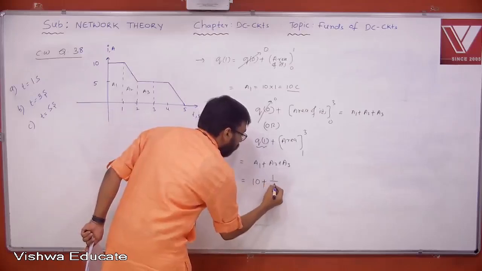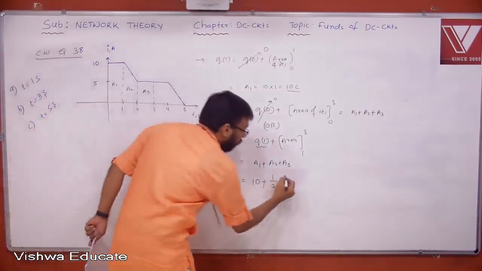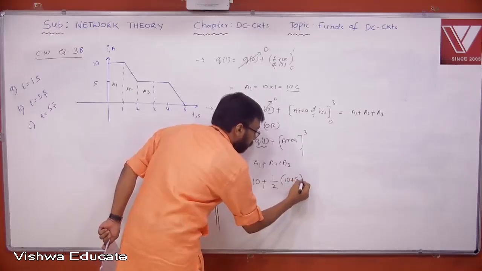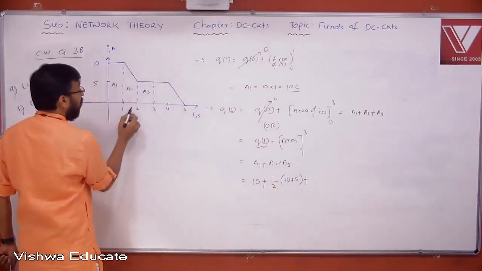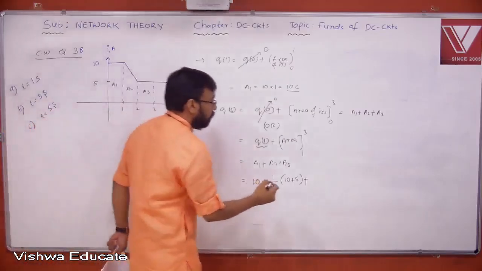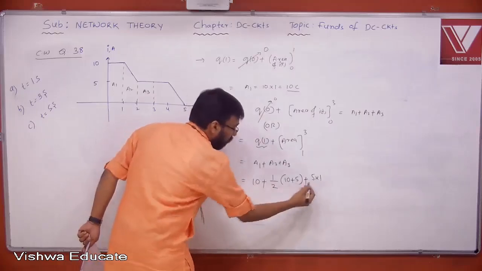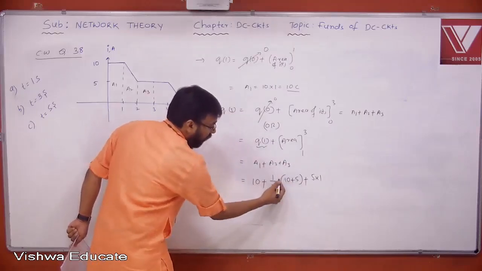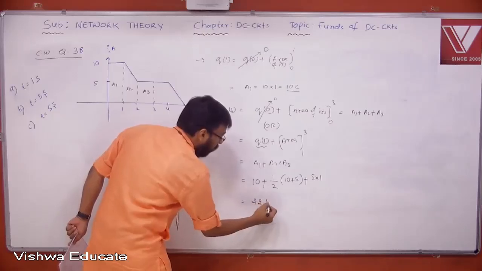So H is 1, because this difference is 1, and 10 plus 5, plus area 3. Area 3 how much here? This is 5 and this is 1, 5 into 1. So what do you get? 10 plus 5, 15, 15 by 2 is 7.5, plus 15, 22.5 coulomb.